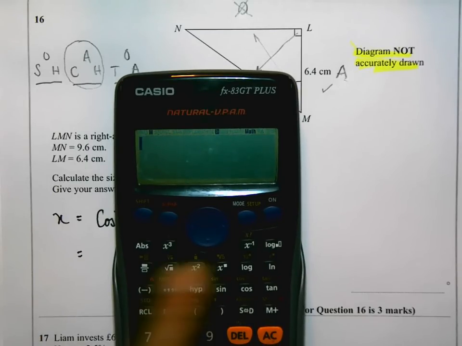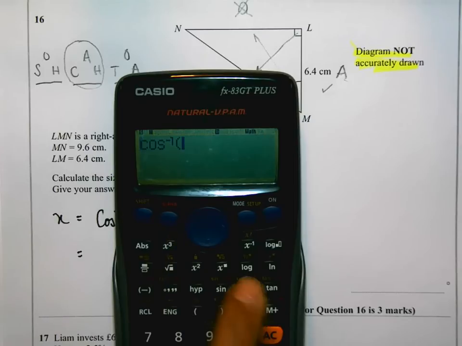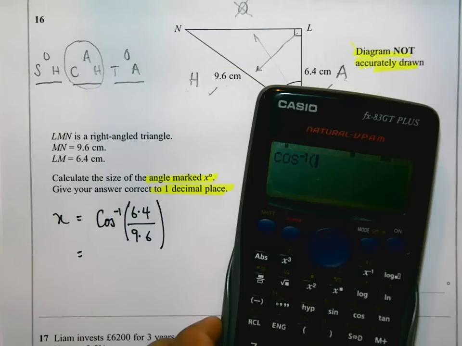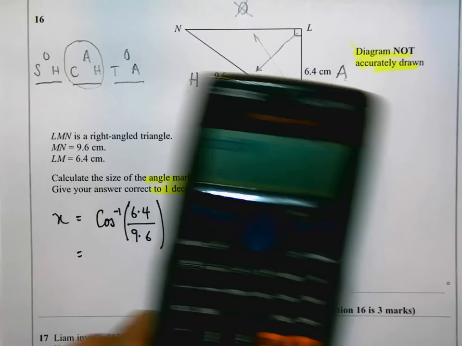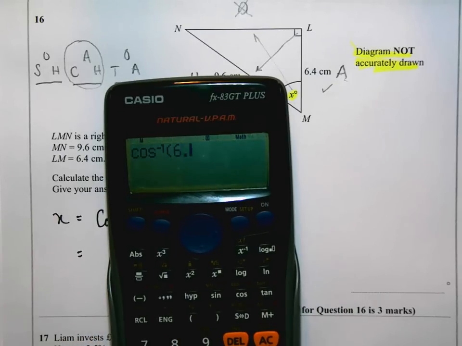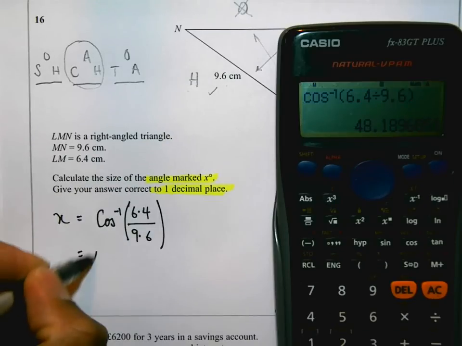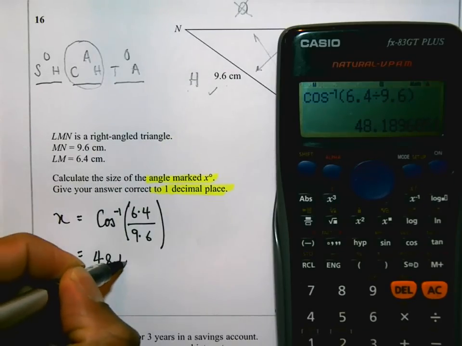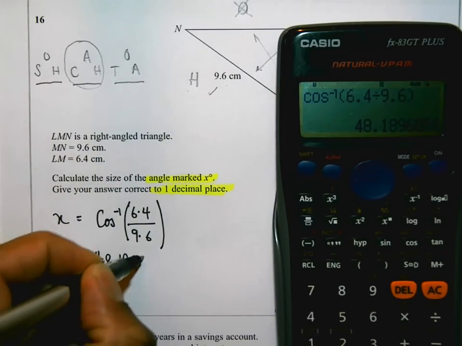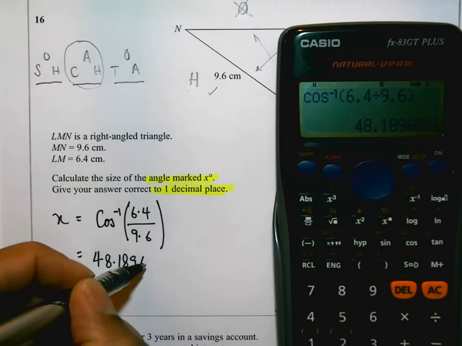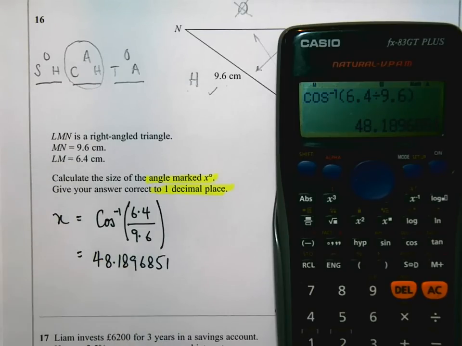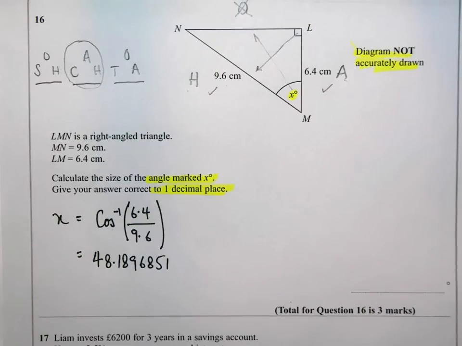I need to do shift cos, so the inverse cos, of 6.4 divided by 9.6, close brackets, equals, and I have a whole screen full of numbers, 48.1896851.